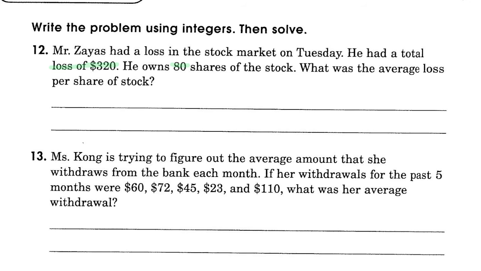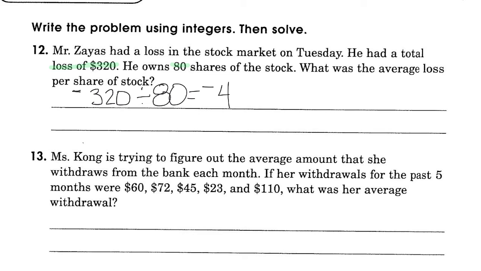So when I write this problem out, my number is 320, and it was a loss, so that means a negative. We're doing division. He owns 80 shares. When I do 320 divided by 80, I get 4. One's positive, one's negative, so it's a negative 4.